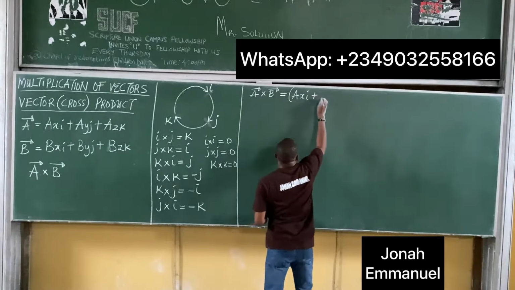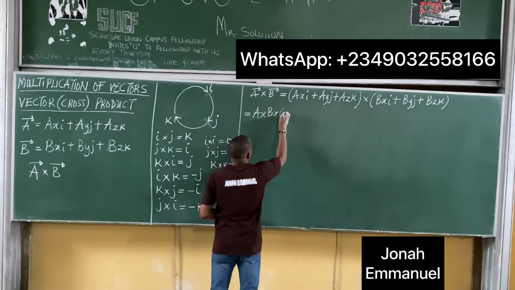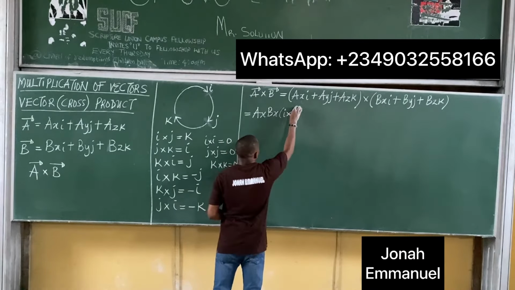Now if I multiply through, starting with AX, I have AX BX, I cross I.